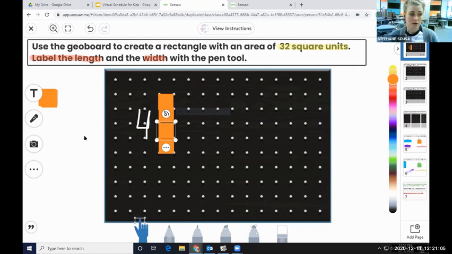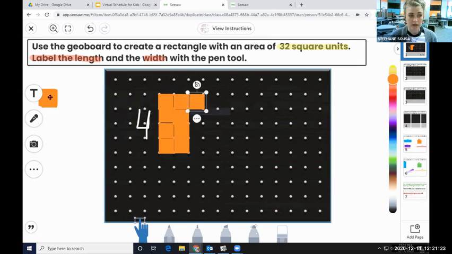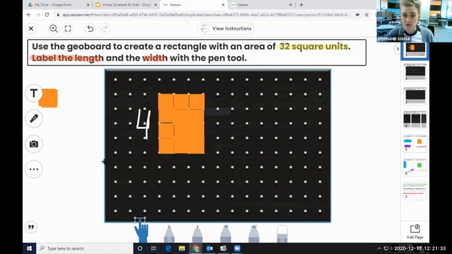Okay. So now I'm going to keep creating those columns of 4 until I'm out of blocks. So that's 7 and that's 8. Okay, so I have 8 blocks. I need to get to 32. I'm going to keep going. 9, 10, 11, 12. You guys keep building yours along with me. So I'm at 12.